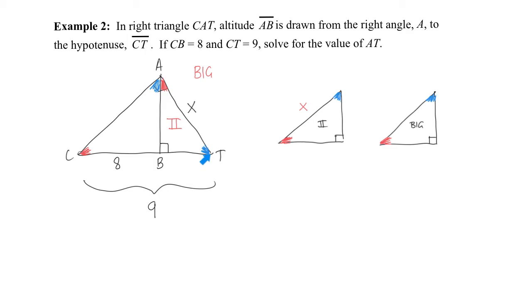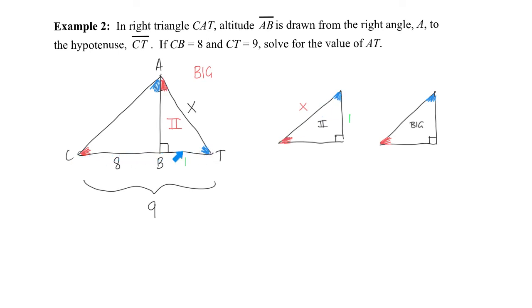I have between the blue and the right angle: if this entire piece is 9 and this is 8, that means this is 1. So that's 1 right there. Now let's look at the big triangle. I'm looking for the hypotenuse between red and blue.